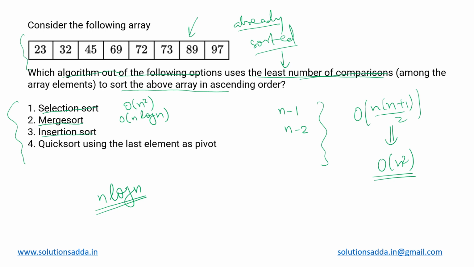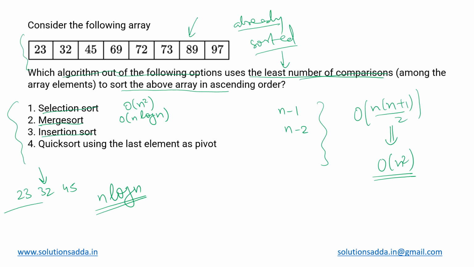Finally, coming to insertion sort, now this will give a better performance if the array is sorted, because let us take this example: 23, 32, 45. Let's say there are just 3 elements. What insertion sort actually does is pick up an element and check its left part. Let's say we're currently at 32; it will check that the left part is already sorted. Insertion sort finds the correct place for an element and places it there.